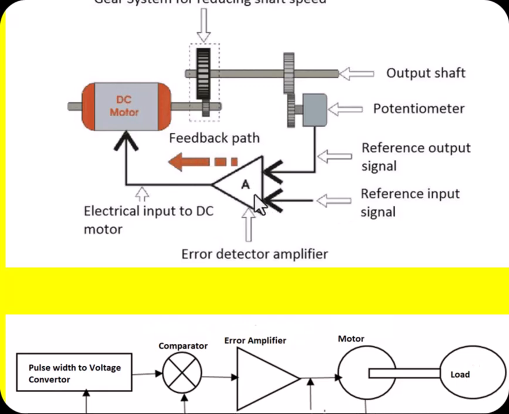Once the error reduces, that becomes the input, and this process continues until the output signal is equal to the input signal, so that the error is 0. Then the shaft reaches its desired position, and the motor stops.